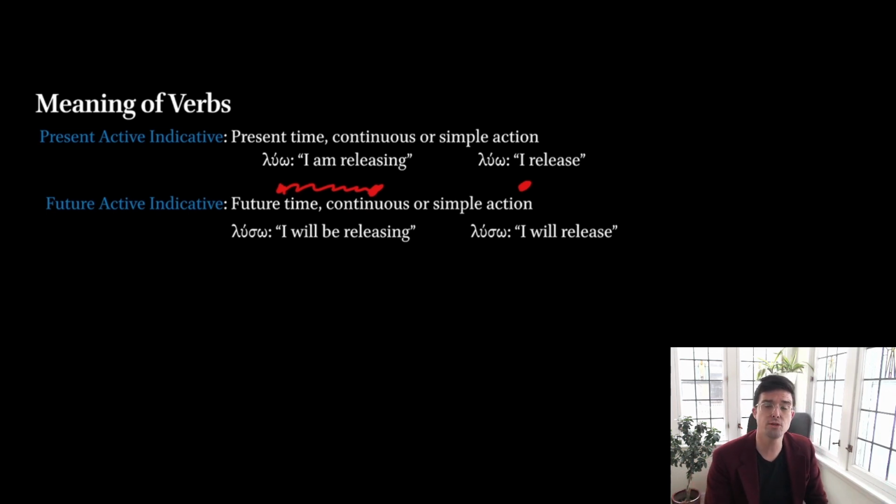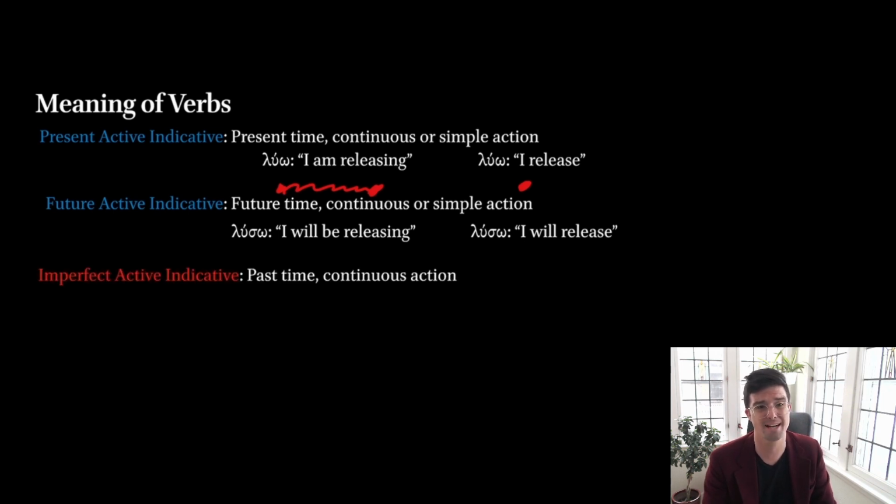With the two different tenses that we are introducing today, there is in fact a distinction between the kind of action. So both the imperfect and the aorist are going to, generally speaking, refer to action in past time, that these are past tense verbs. The imperfect is going to be continuous action in past time. That is, it's going to be this kind of action where the action is ongoing.